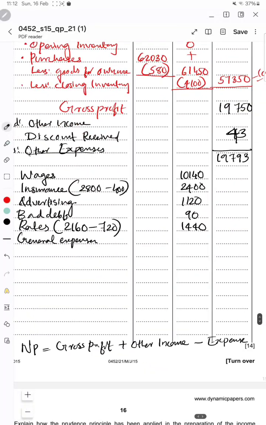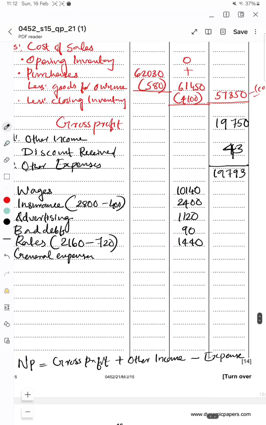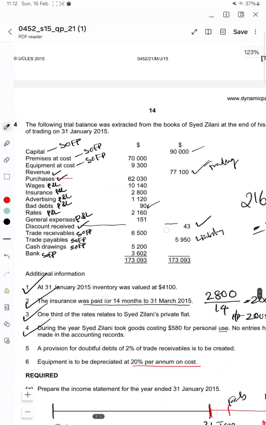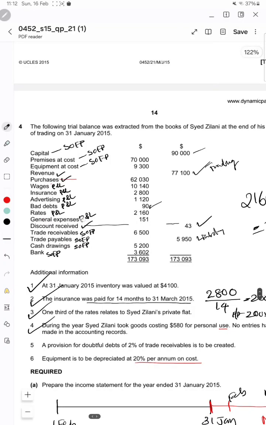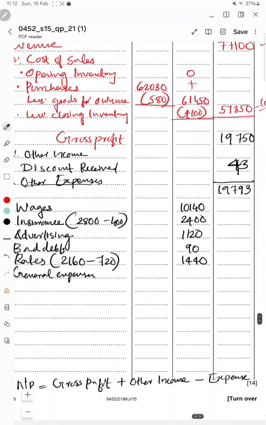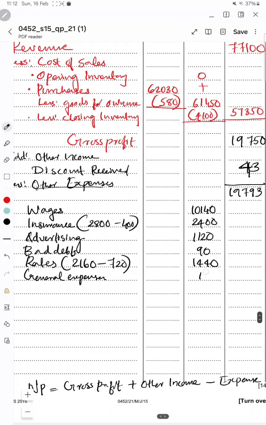So general expenses you can directly take. How much is general expenses? General expenses is this one, right? 151. Yes. So 151 I'm taking here.